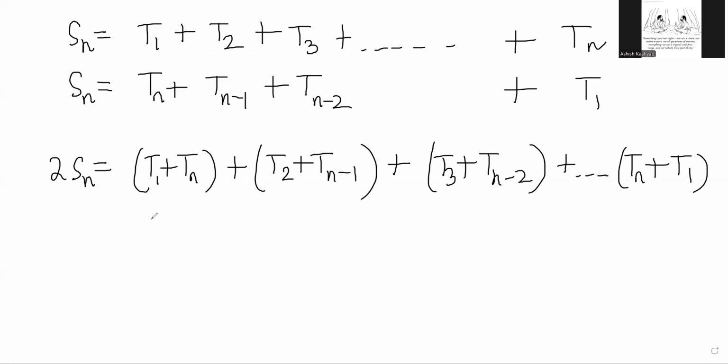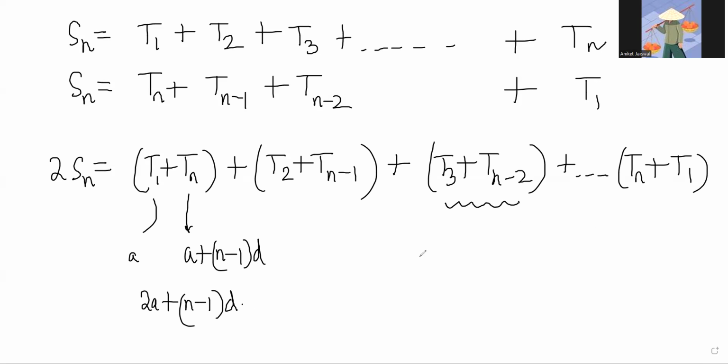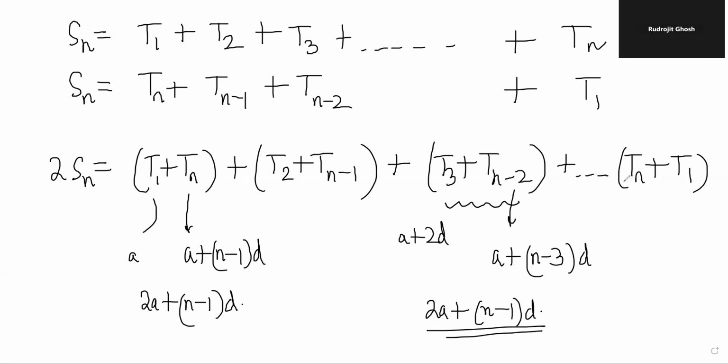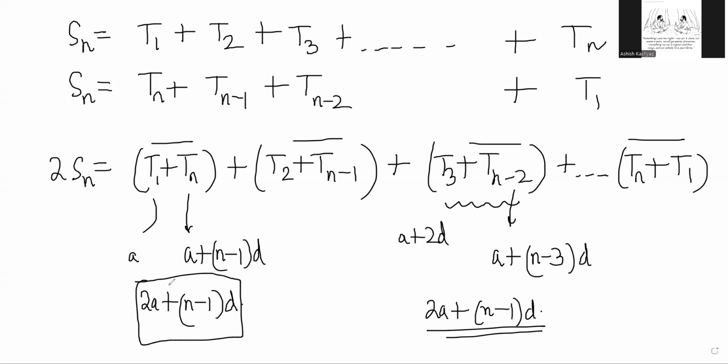For example, this T1 is A and this is A plus n minus 1 D. So the addition is 2A plus n minus 1 into D. Any other, if you check also, T3 would be A plus 2D and this would be A plus n minus 3D. So it will become 2A plus n minus 3 plus 2 is n minus 1 only, right? Yes, sir. So all of these brackets will be same value. So there are n such brackets.